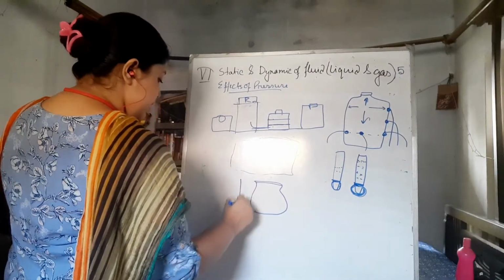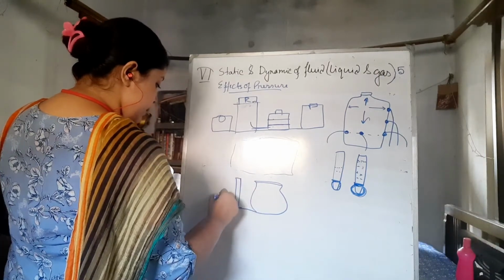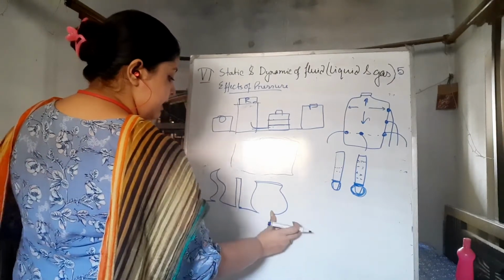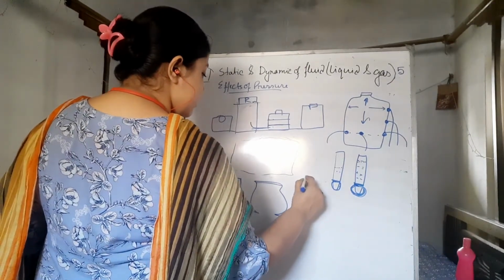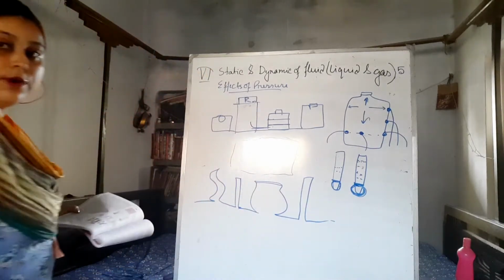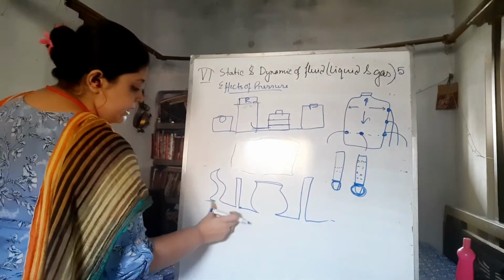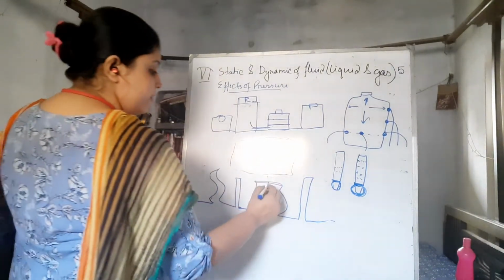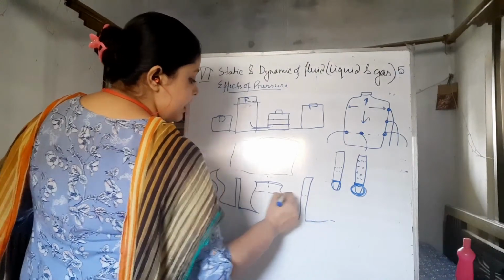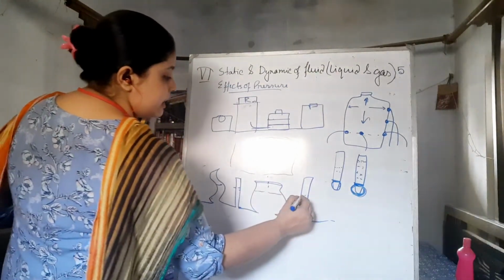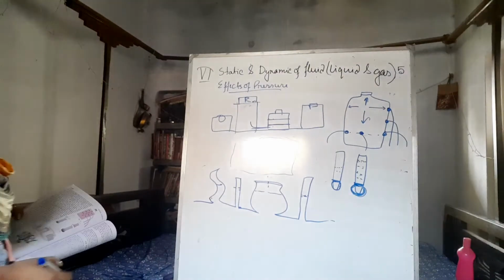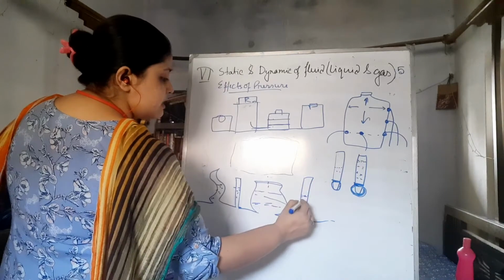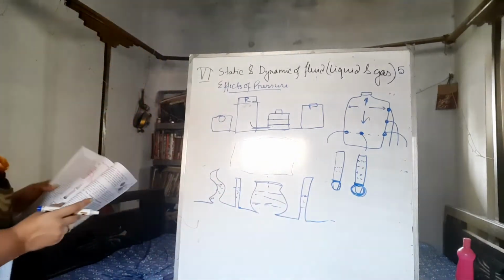You can see here all these kinds of bottles, we can take them all together, and if we pour some water on them, we will find that the water will seek the same level. In every container, the water will take the same level. The sizes or the shapes of the container do not matter.